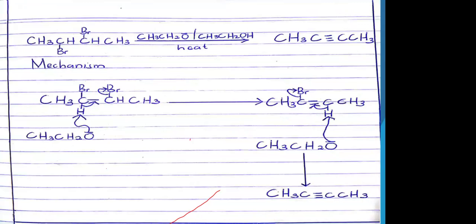Then this is for bimolecular, where we have to lose more than one species or one group of atoms. In this reaction, this is for dihalides, and this reaction is in methods of preparation of alkynes, where we have alcoholic potassium hydroxide.